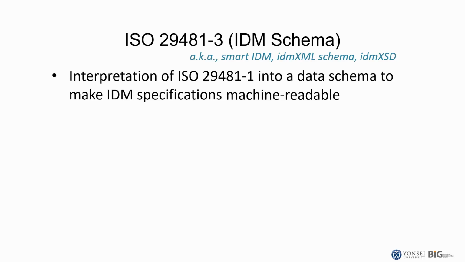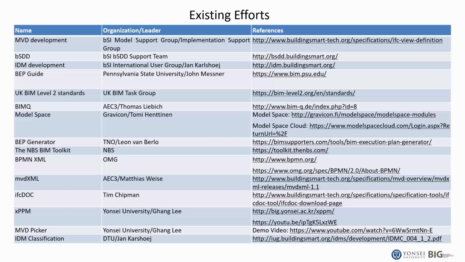The IDM schema is also referred to as IDM XML schema or IDM XSD because it's specified in the XML schema language. There have been many existing efforts to develop IDM and MVD methodologies and also to develop IDM schema.